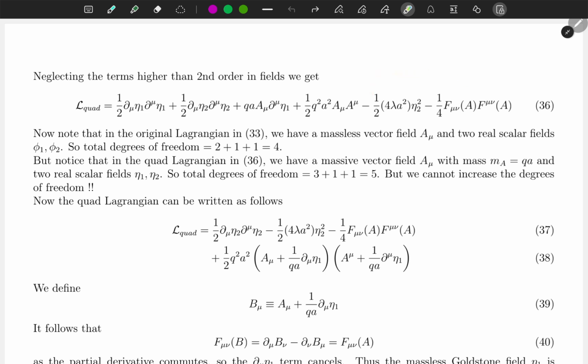This is also fine, but you see this term, this is basically the mass term of mu. So what is the mass of this gauge field? It is q times a.